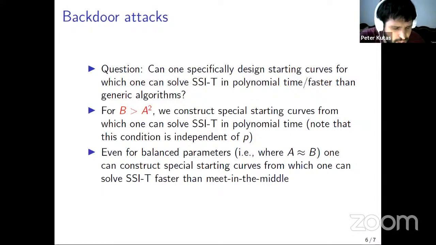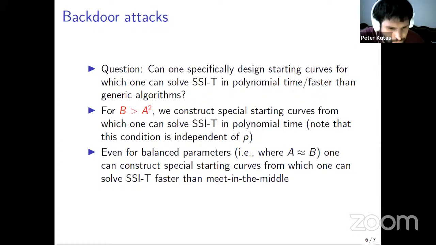Whenever B is bigger than A squared, then the answer is affirmative. There is a polynomial time algorithm, so one can actually construct these special starting curves from which one can solve SSIT in polynomial time. And note that this condition is completely independent of P. All previous conditions involve P, but this only uses the unbalance between B and A.